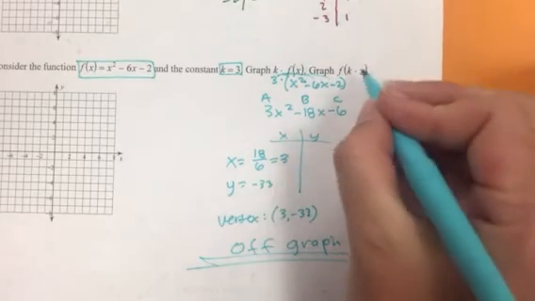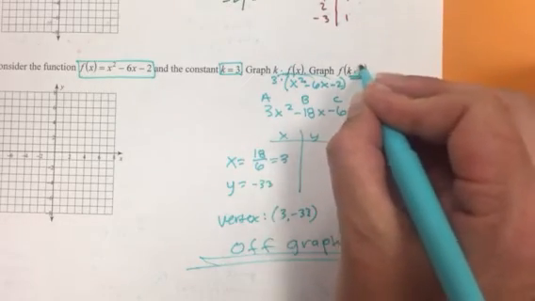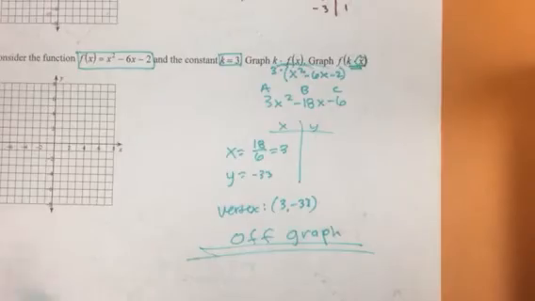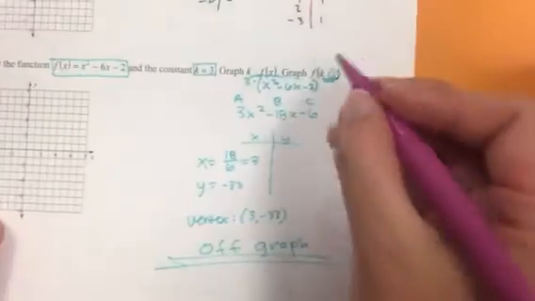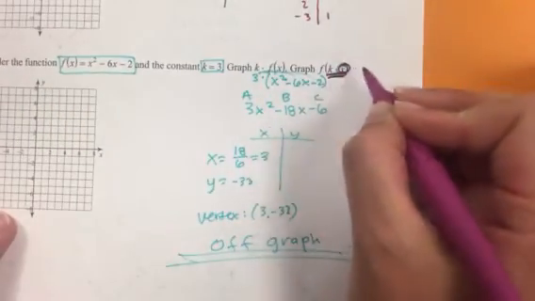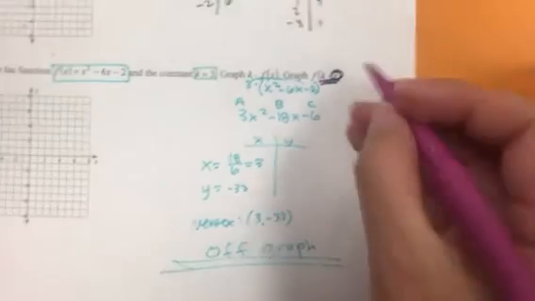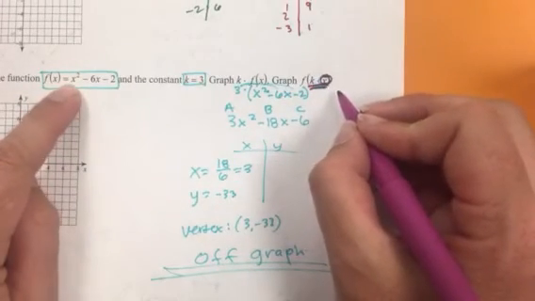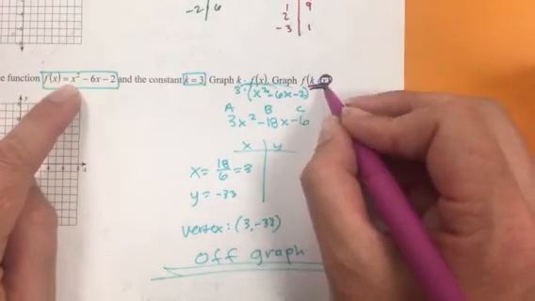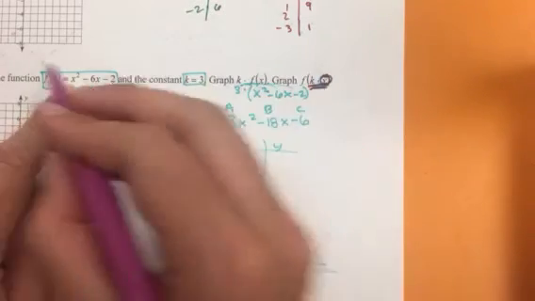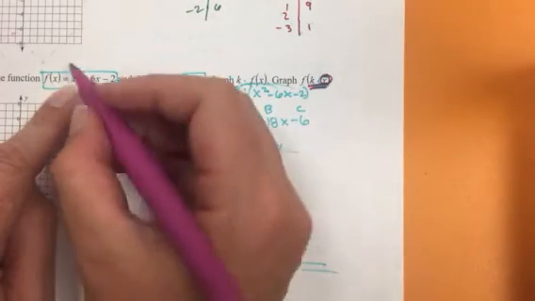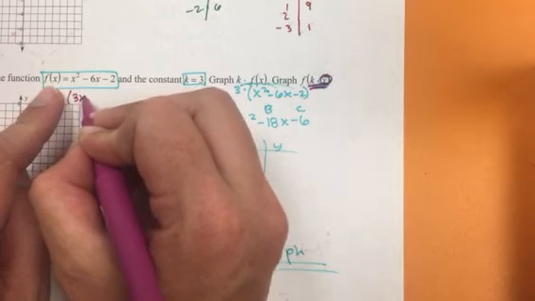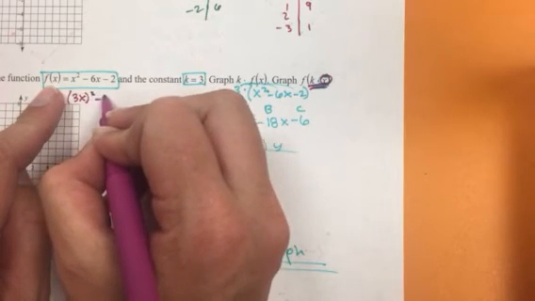And now it just wants you to multiply the x by k. So when I multiply the x by 3, we'd get a 3x.